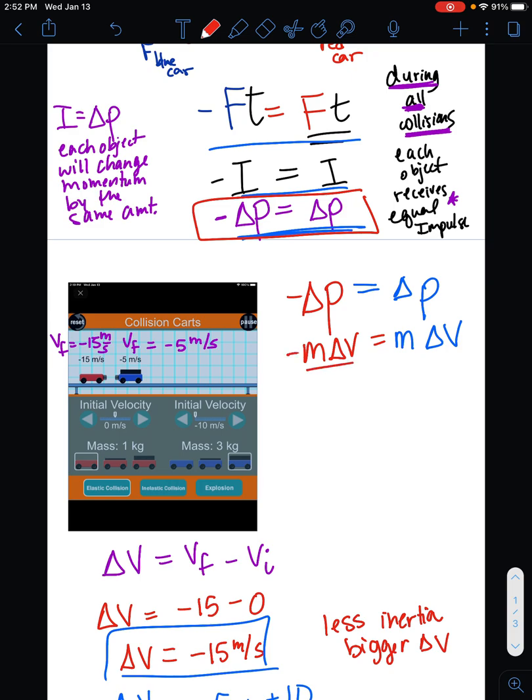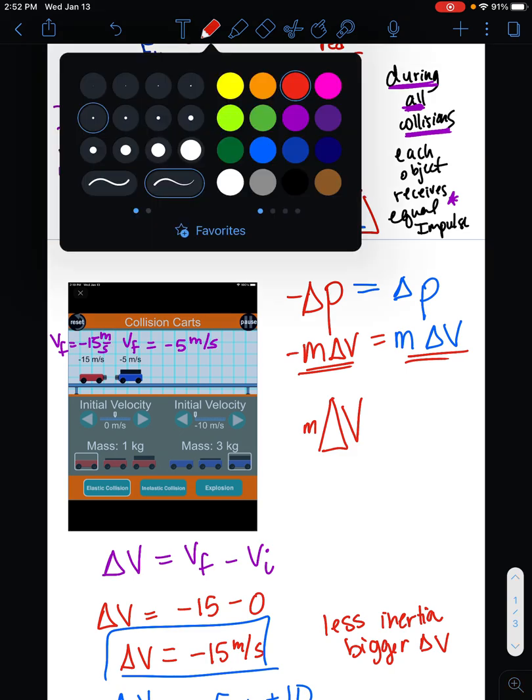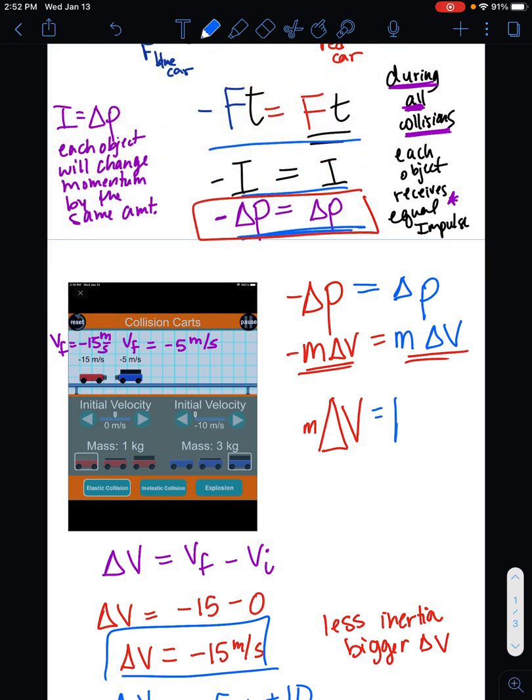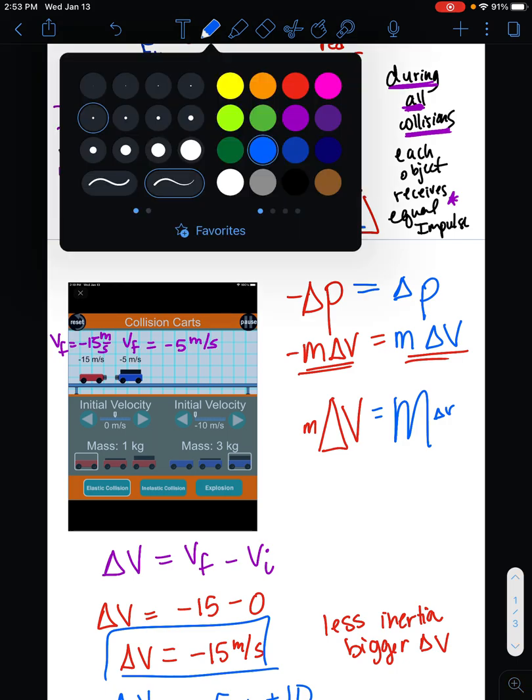It's that their product, when you multiply those together, it has to be the same. So it turns out the one with the smaller mass has a bigger change in velocity. And the one with the bigger mass has the smaller change in velocity every single time during a collision.